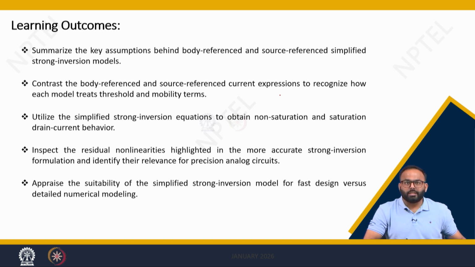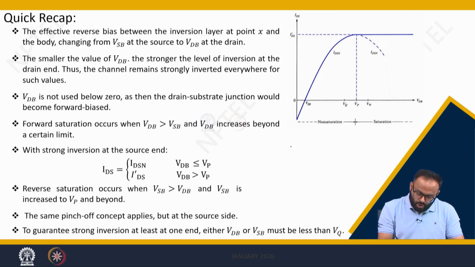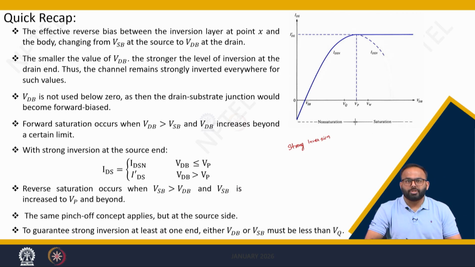So let's start this lecture with a quick recap of what we started in our previous lecture considering the strong inversion operation. We said that our MOSFET is in strong inversion if its heavily inverted end of the channel is in strong inversion.